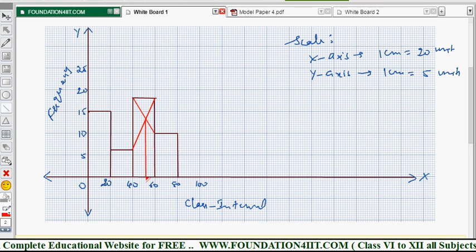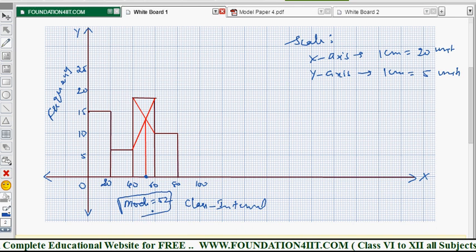That is not exactly the center. After 40, between 40 and 60, it is coming at the 6th line. Since 1 millimeter is 2 units, 6 means 12, so it is 52. It joins at this point, and there is the mode. Therefore mode is equal to 52, because after 40 it is the 6th millimeter line. Then mode is equal to 52, you can write.